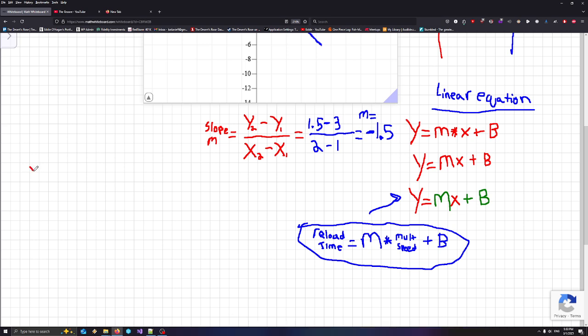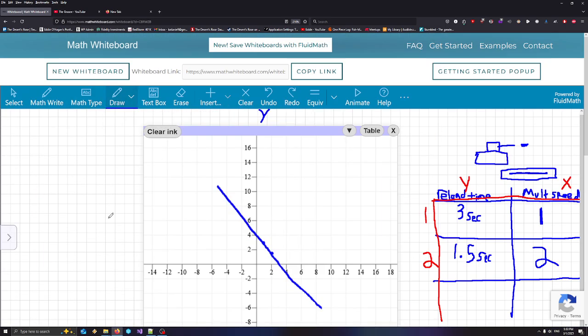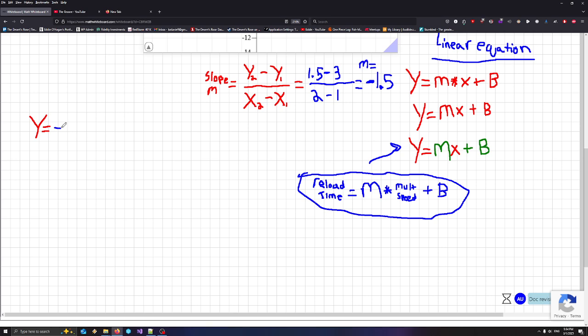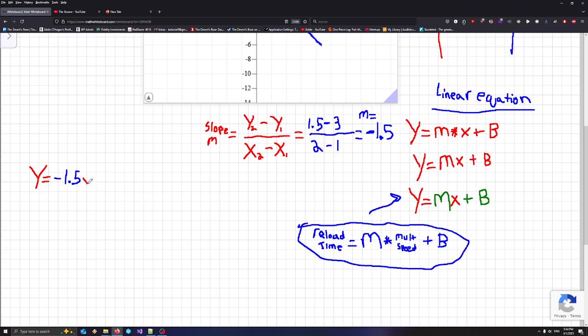We'll do y equals negative, well, I should switch to blue for that. Negative 1.5 times x plus our y-intercept, which is b.